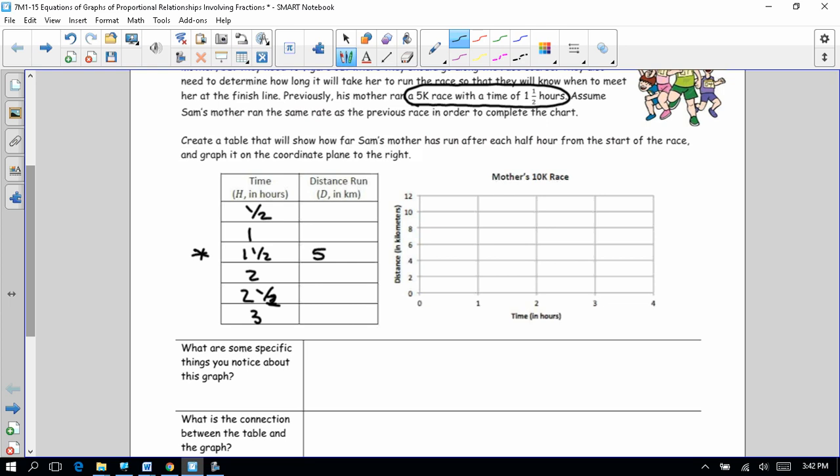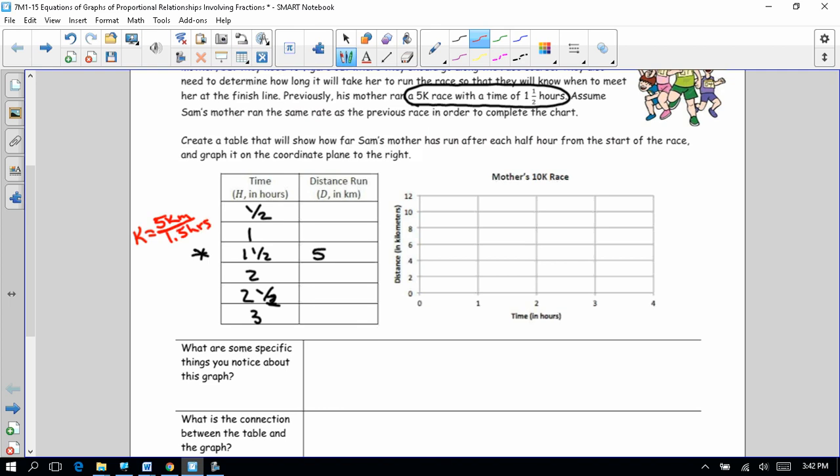So I think I will find out what that ratio is, because it says to assume that she's running at a constant rate. We're going to find her speed: distance divided by time. Distance, 5 kilometers, over her time, which was 1.5 hours.